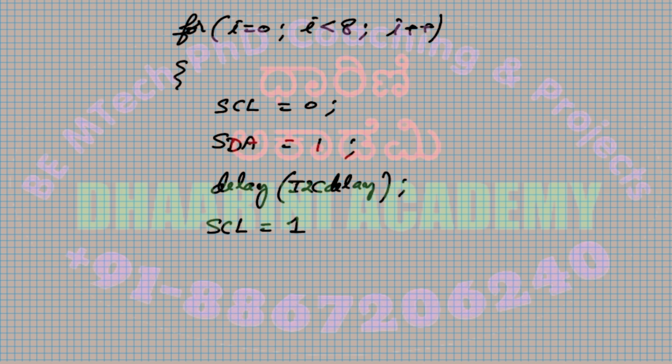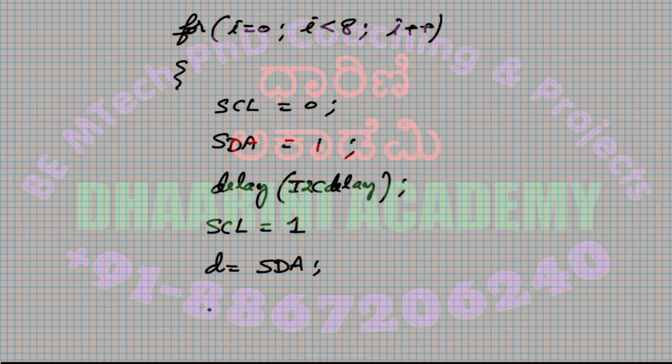Immediately after that, whatever appears on the SDA bus is your data. So make D equal to SDA. Whatever is on SDA, you read it.